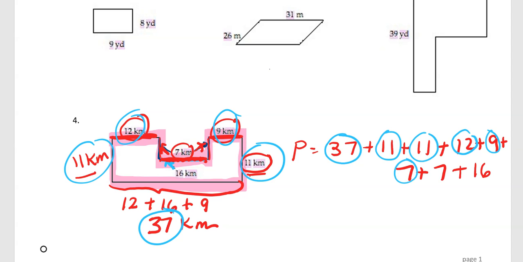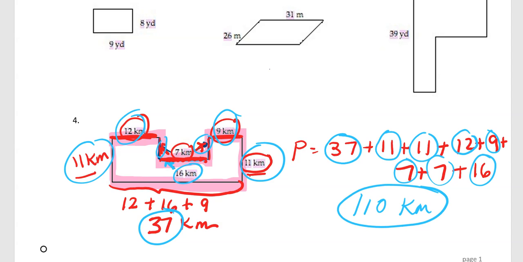I got my 2 7s, right? And I almost forgot about this 16. So I'm going to grab my calculator and type that in to see that I get a grand total perimeter of 110 kilometers. So that's my answer to number 4.